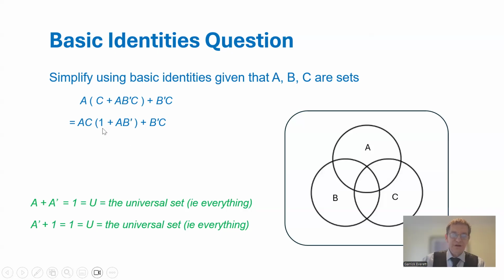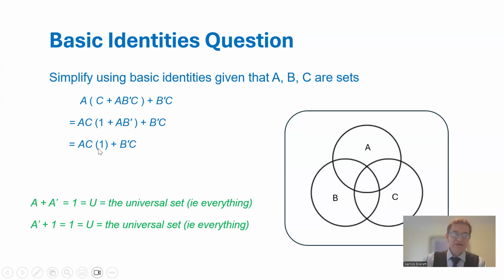That is in set theory, that is just 1. Or you could write U. So 1 plus that is just 1. And that's what it means to simplify using basic identities. It's just really using these two rules, I guess you would say, which are the basic identities of algebra within set theory.